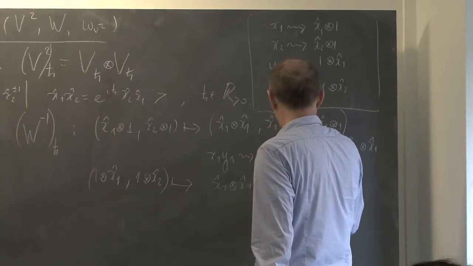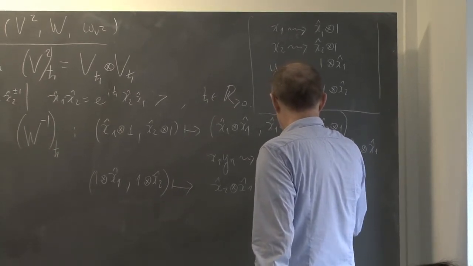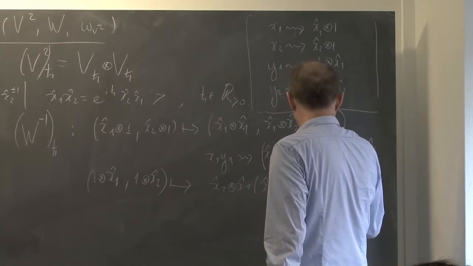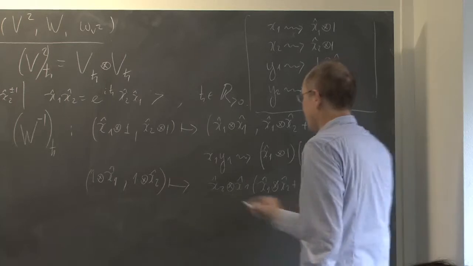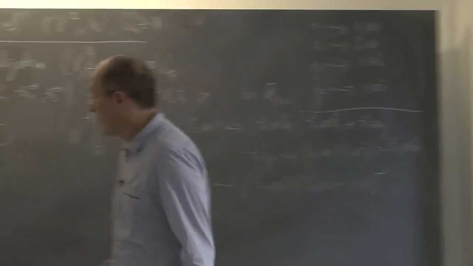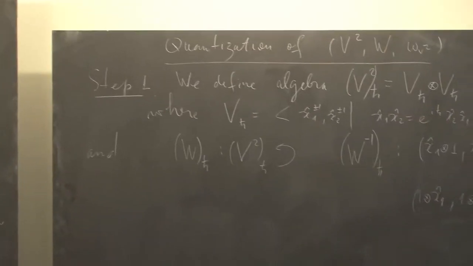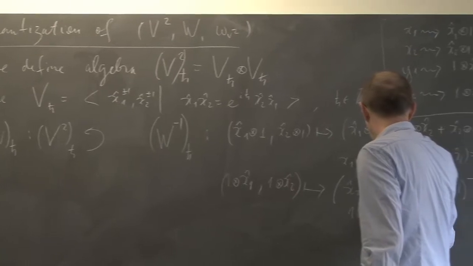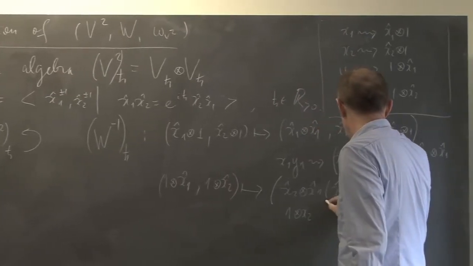So that's what we do: x1 hat tensor x2 hat plus x2 hat tensor 1, to the power -1. That's for the first component. And for the second component, y2 goes to 1 tensor x2 times the same denominator.